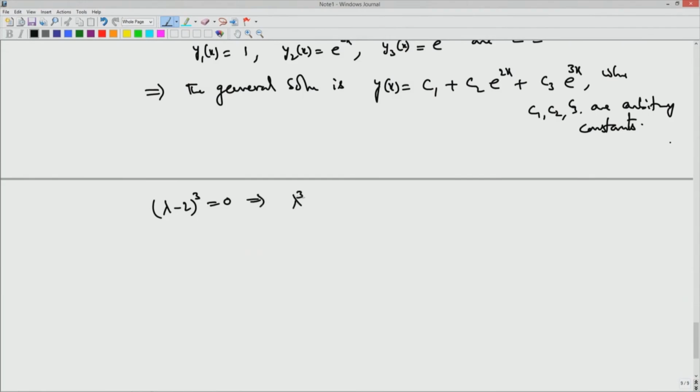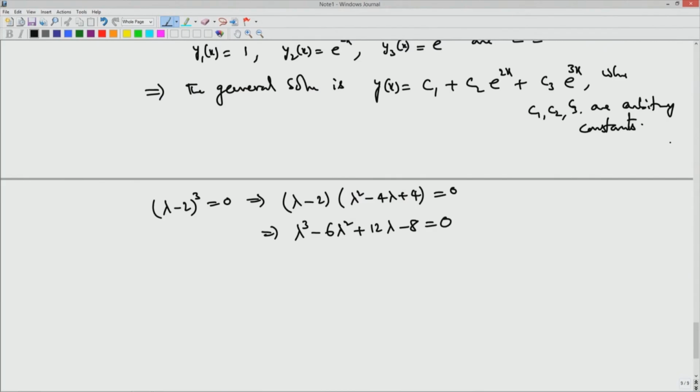Lambda cube minus 6 lambda square plus 12 lambda minus 8 equal to 0.